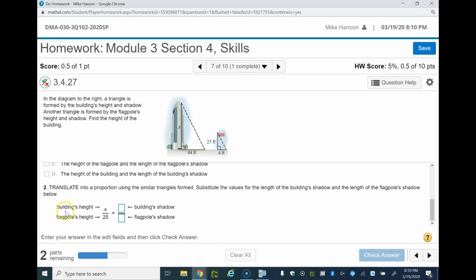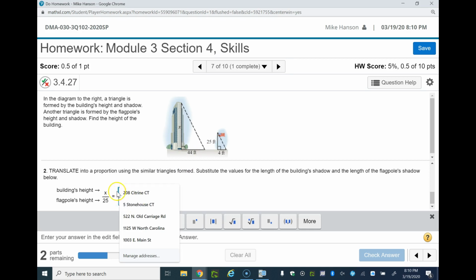So once we set it up, if you place the building height here, if you started off with height with this one, notice for this one here, the building measurements go on top and the flagpole measurements go on the bottom. So building height, we do not know, but we do know the building's shadow, which is 44.